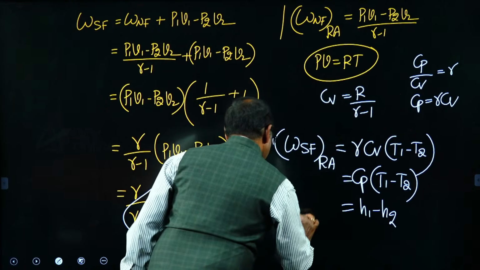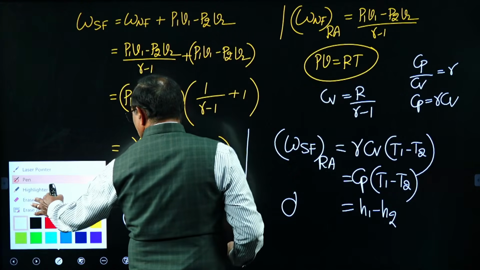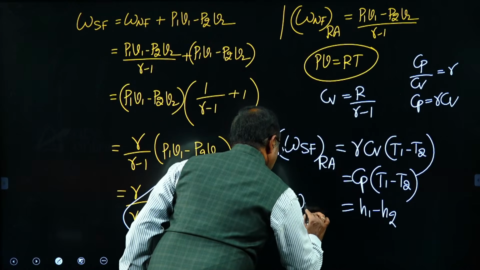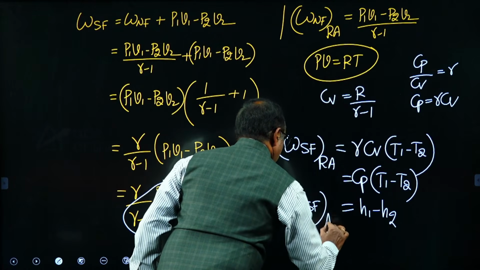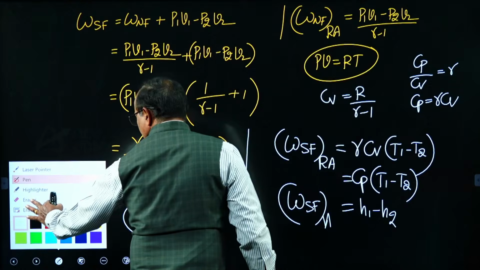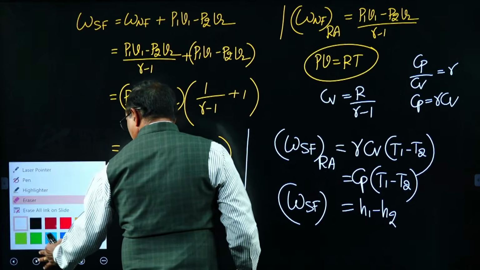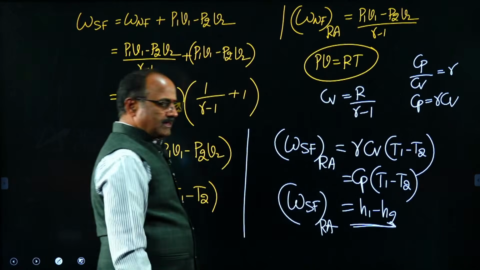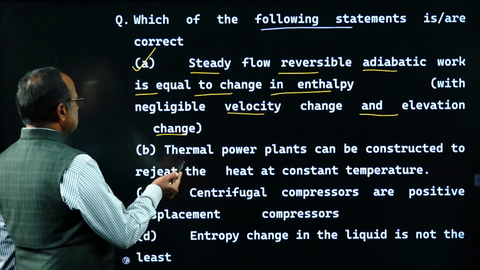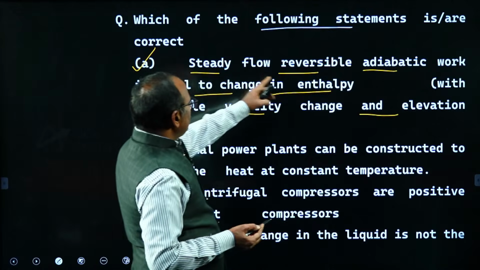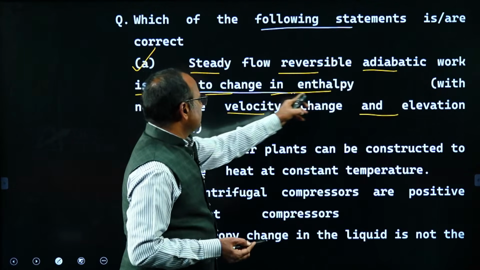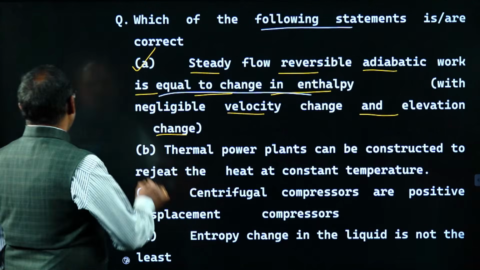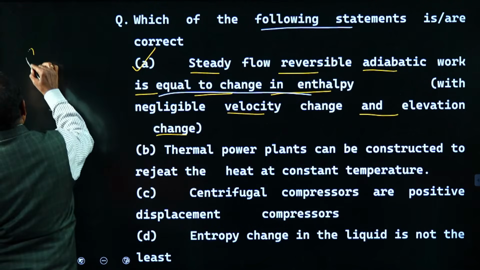So the conclusion is steady flow reversible adiabatic work, reversible, should be very careful, always equals the change in enthalpy of the working material. That is what is given as option A. Steady flow reversible adiabatic work is equal to change in enthalpy when velocity change and elevation change are negligible. Option A is absolutely correct.